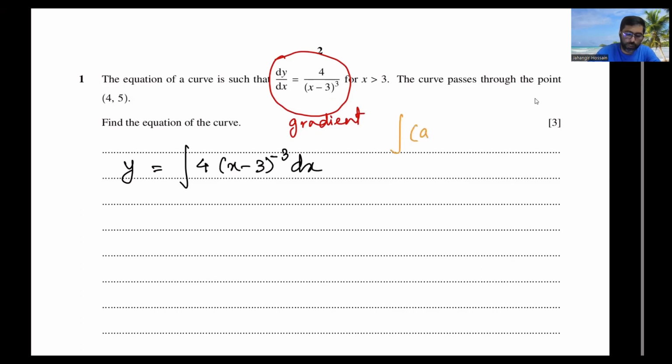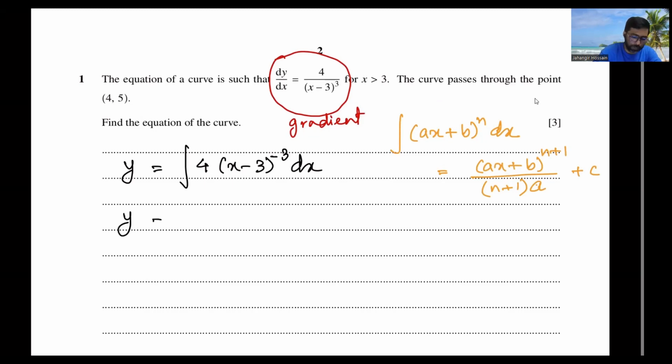If we integrate a linear function of x to the power n, the result will be the power increased by 1, divided by the new power, and you have to further divide by the coefficient of x. So that's the integration of this. You apply this here.